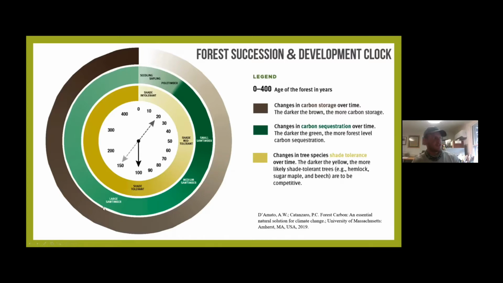So as you can see, it's just adding carbon, adding carbon, adding carbon. And then a large scale disturbance event comes along and a lot of that carbon is released. So it's important to know the difference between those two things. While a young forest sequesters carbon very quickly, it's not necessarily storing as much carbon as an older forest.